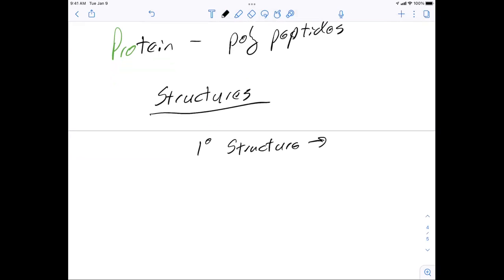The way to think about this is the linear structure. Okay, and here amino acid 1 is attached to amino acid 2, it's attached to amino acid 3, and so on. It's just what are our amino acids in a linear form.